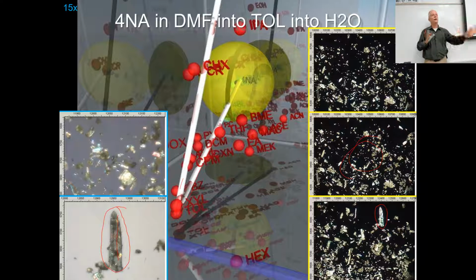They also upgraded the pot. They went from copper to stainless steel. But they had the same solvents, same speed, same everything, and they couldn't get the same crystal morphology. There's the same crystal structure from an X-ray diffraction standpoint, but not the same shape: needles and plates and so on.